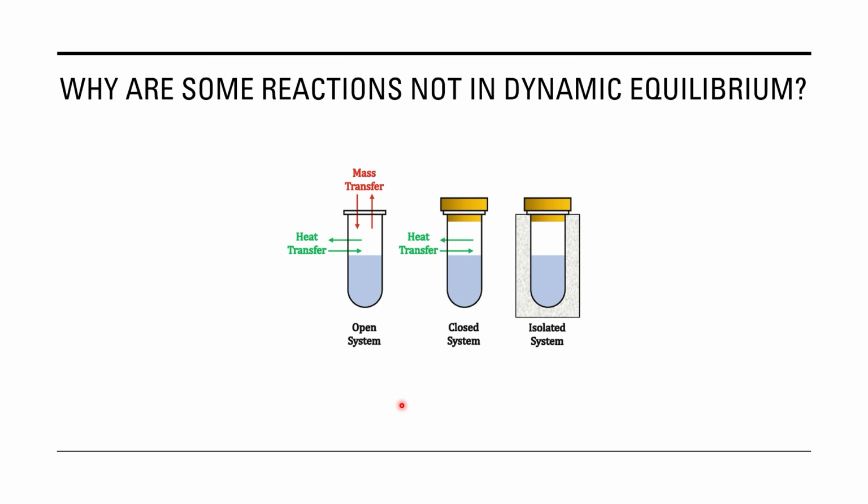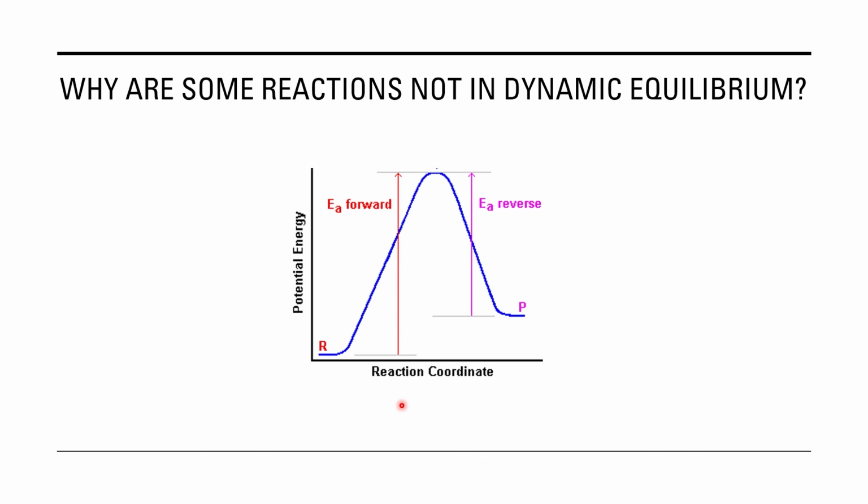Another reason may be that the system may not be closed, which means that there's a transfer of mass, that reactants or products might be moving away, which means that they cannot actually establish an appropriate equilibrium. And we may also find that one of our processes may have too big of an activation energy to be occurring under whatever set conditions we're looking at.